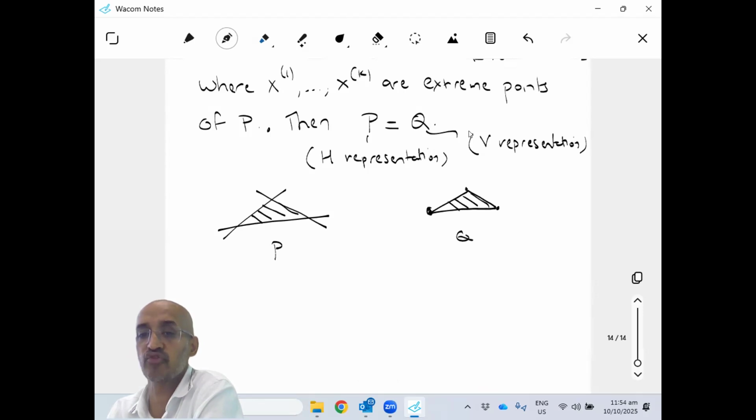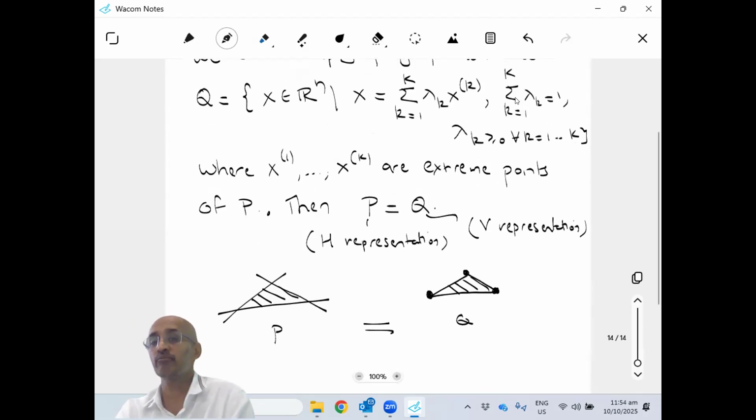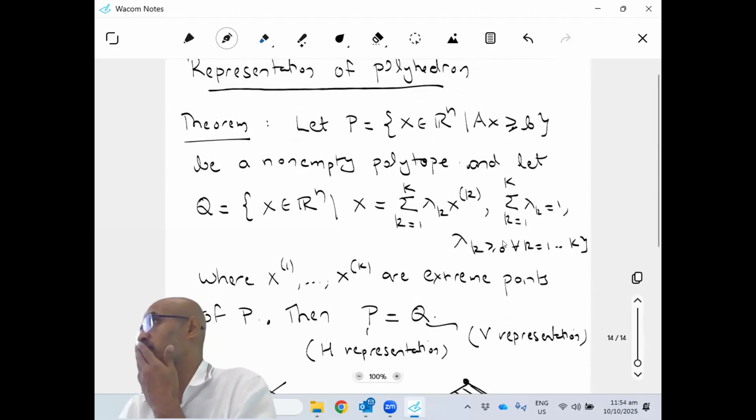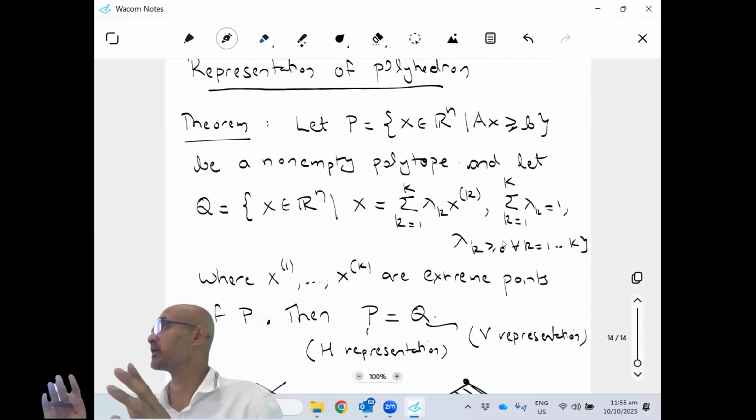The convex combination of these 3 points is exactly the same set. So P and Q are the same. Sometimes you will work with the half space representation. Sometimes you will work with the extreme point representation. Is the theorem clear?